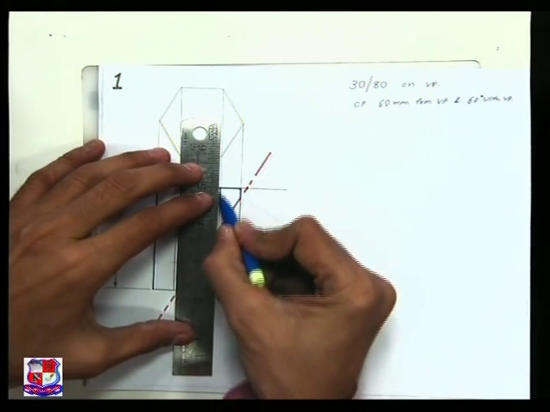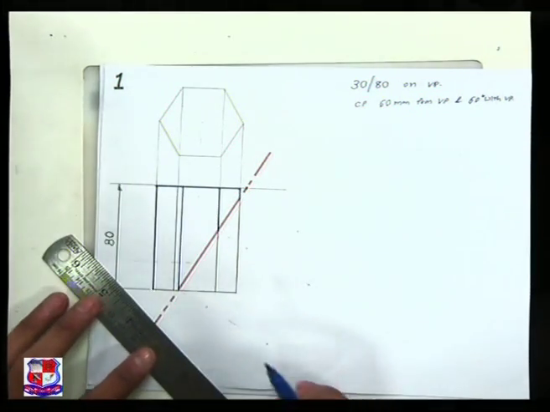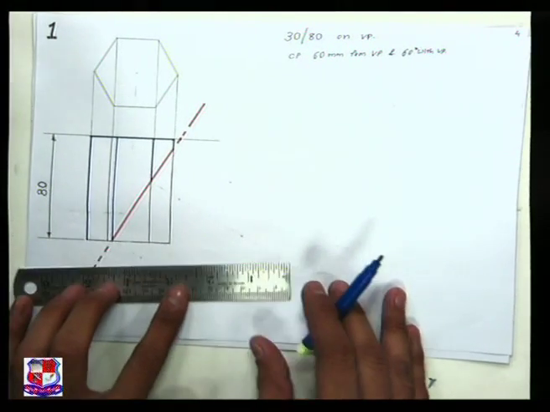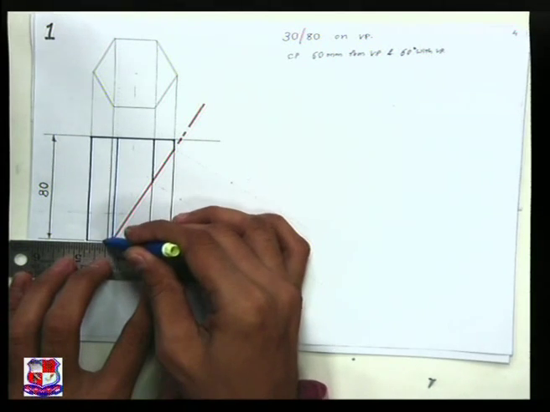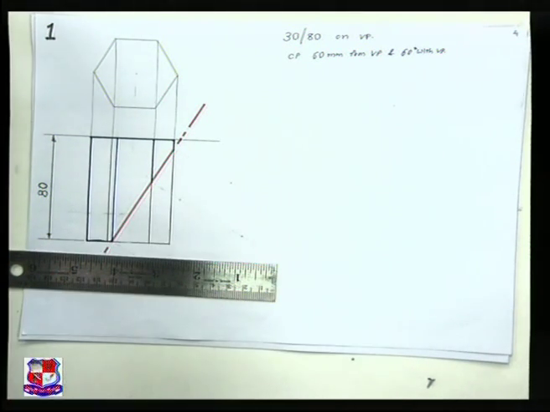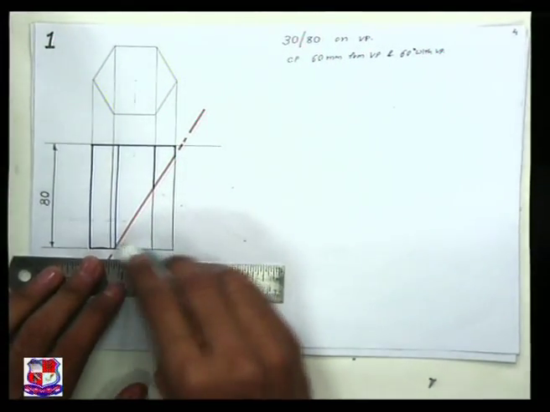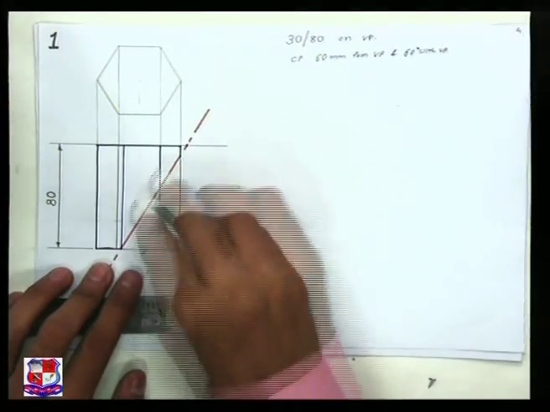So here lines would be there from this end to this end to this end, and from here from this end to this end. So this portion is removed. You can trim that portion as well, as it is not needed, for better understanding.